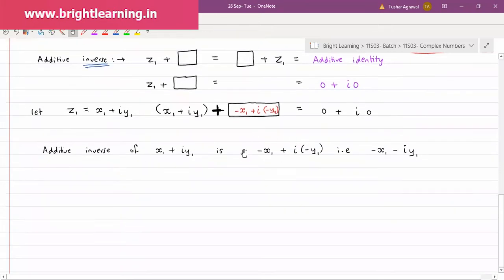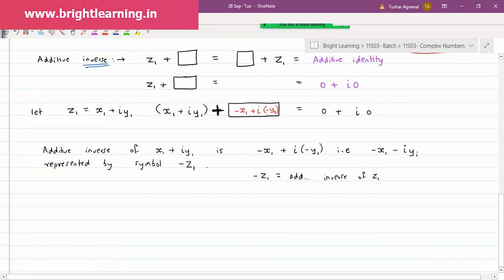And now you must be thinking, sir, this is minus z. Now minus z is a symbol. The additive inverse of x1 plus I times y1 is represented by the symbol minus z or minus z1. So whenever you encounter this symbol minus z1, what I am asking you is, what is the additive inverse of z1?